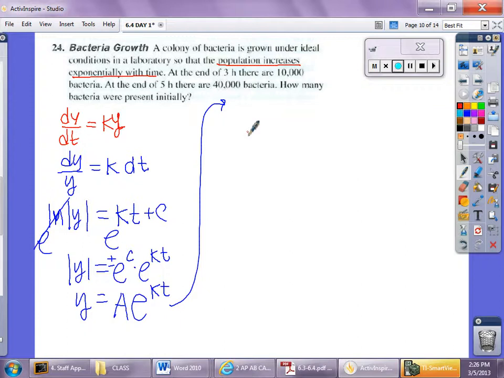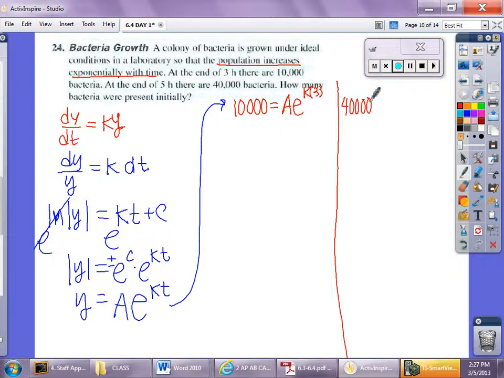So we know that at the end of 3 hours there are 10,000. And then we also know that at the end of 5 hours there's 40,000. Actually, I shouldn't have made that line all too big there.